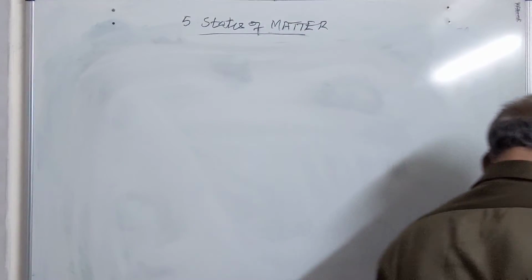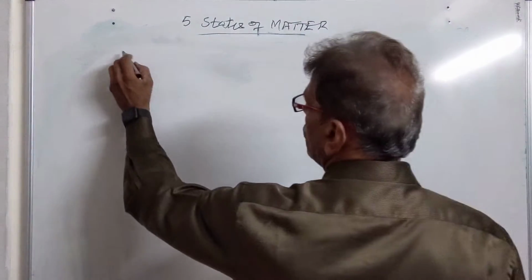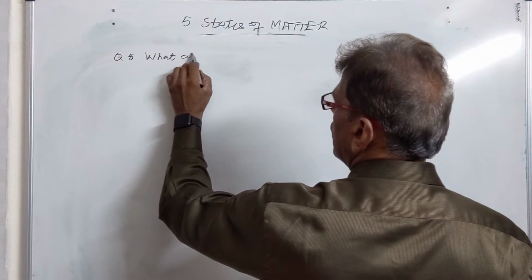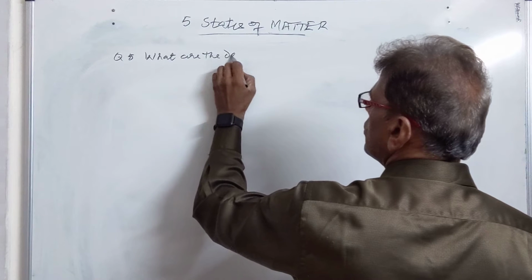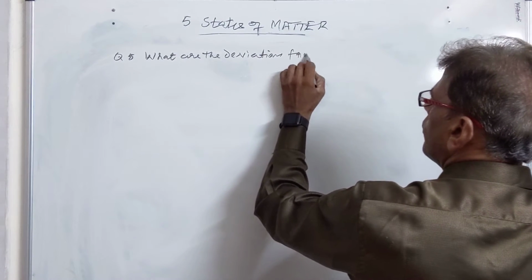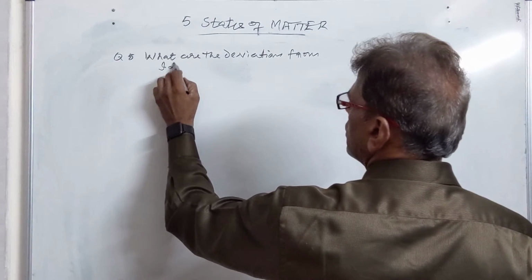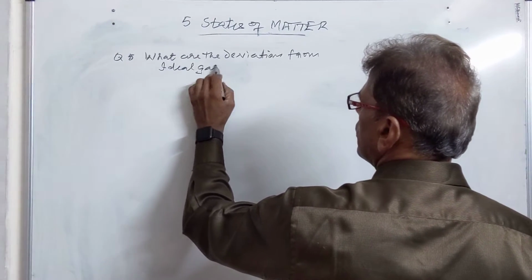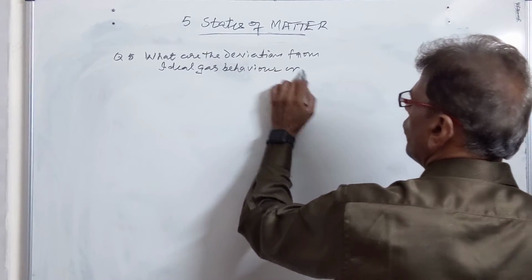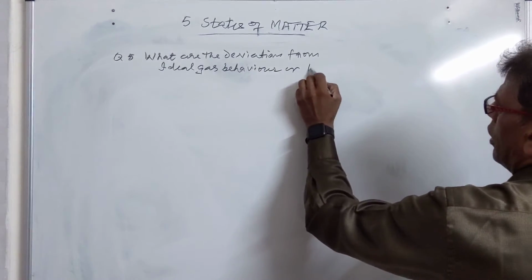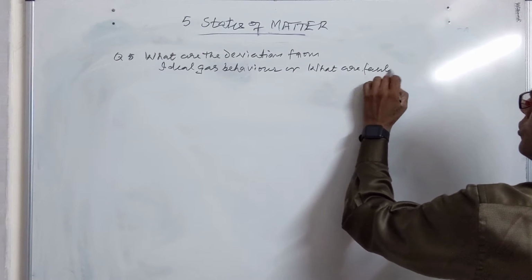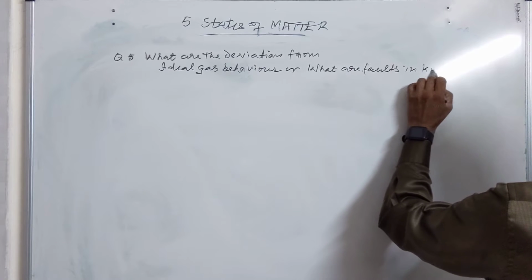So what are the deviations from ideal gas behavior, or what are the faulty postulates or faults in the kinetic theory of gases?